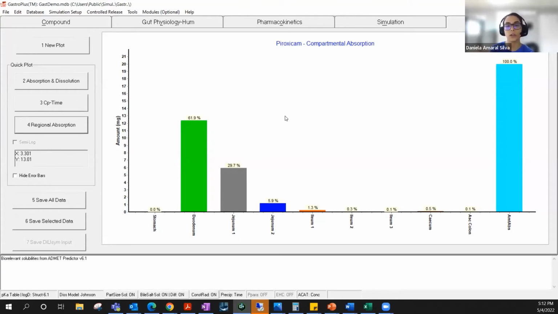So the absorption will occur much faster, or to a greater extent, in the duodenum as opposed to the jejunum, as we saw previously with an immediate release tablet. So here they would see how the formulation can impact the absorption pattern, not so much the total amount absorbed, but the regional absorption.